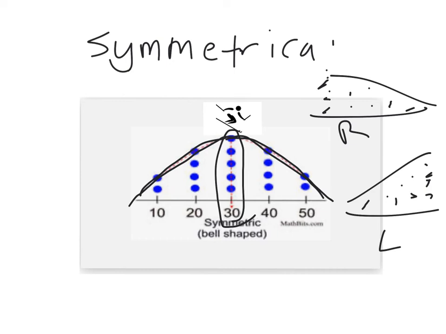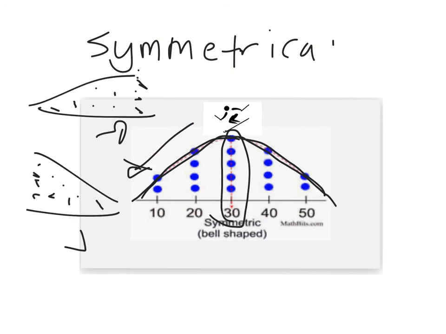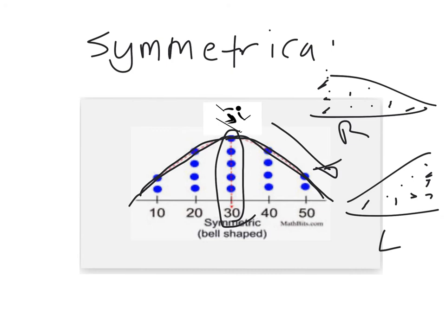So this is what we call symmetrical, because no matter which way Coach Novosad skis, to the right, or we can flip him around to the left, it doesn't matter which way he goes, he'll be safe. So we call that symmetrical. So let's review.